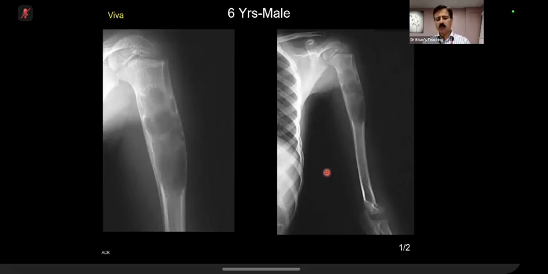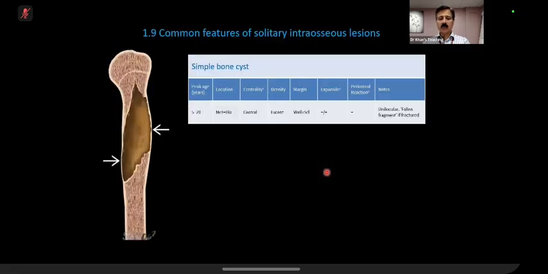So this is a simple bone cyst. In differential, you can consider aneurysmal and then tell the examiner you're thinking, because it is central, it is in keeping with a simple bone cyst. And so 5 to 20 is the age.